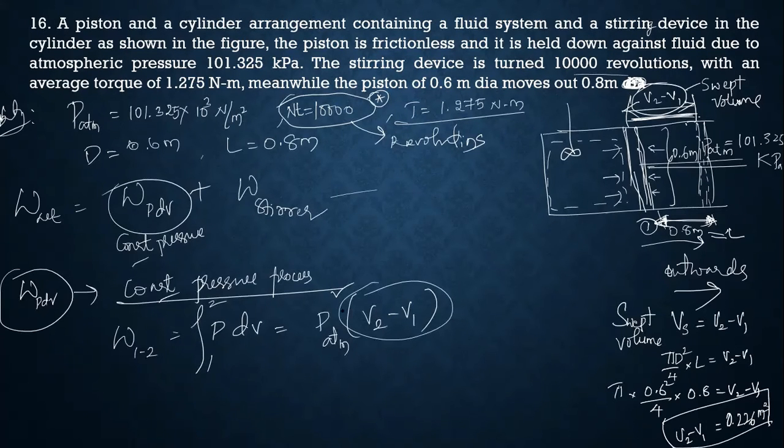Substitute here in W1-2 = P atmosphere, that is 101.325 into 10 to the power of 3, times V2 minus V1, 0.226. That is equal to W1-2.